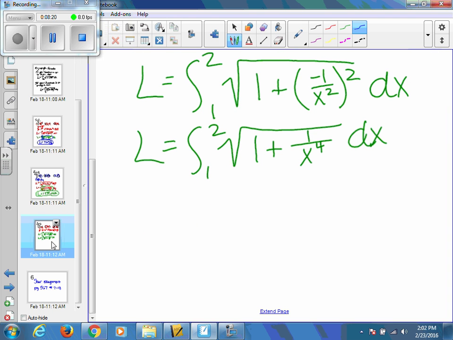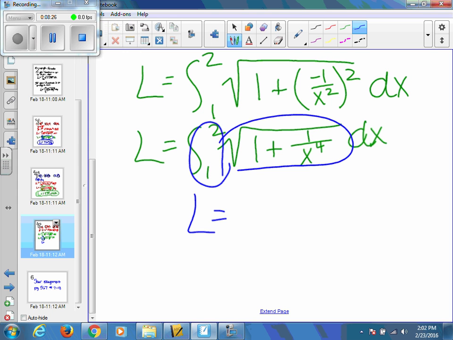And this is a definite integral with limits from 1 to 2. So we're going to graph the square root of 1 plus 1 over x to the 4th in our graphing calculator and use our integrate function to find the arc length.